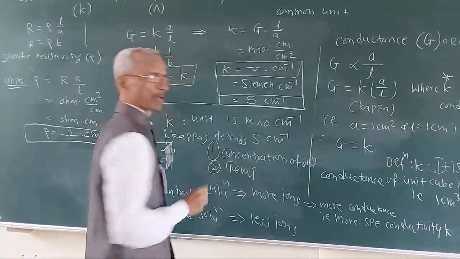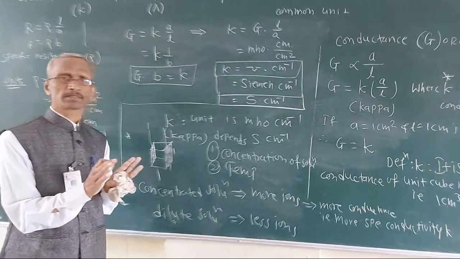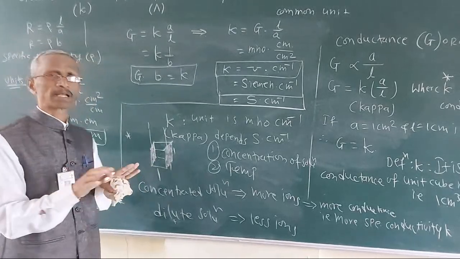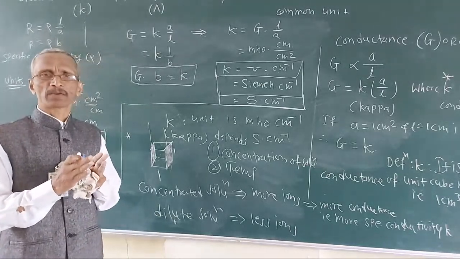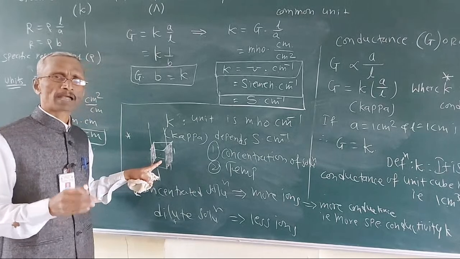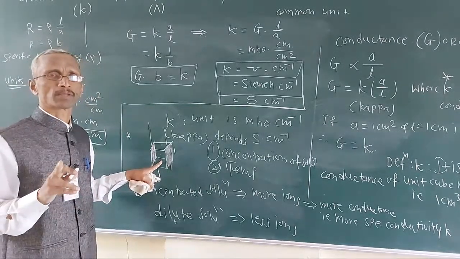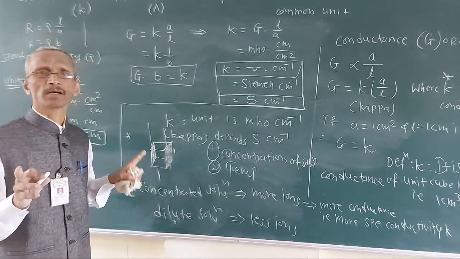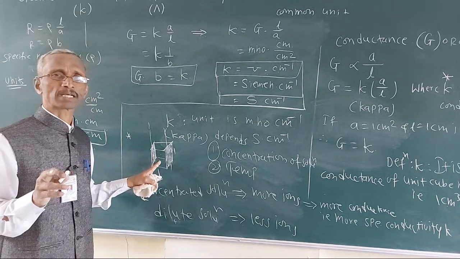How? Because if the same concentration is taken and there is variation in the temperature, then with the temperature value increasing, the number of ions at higher temperature decreases, and therefore there is a variation in the conductance or specific conductivity.